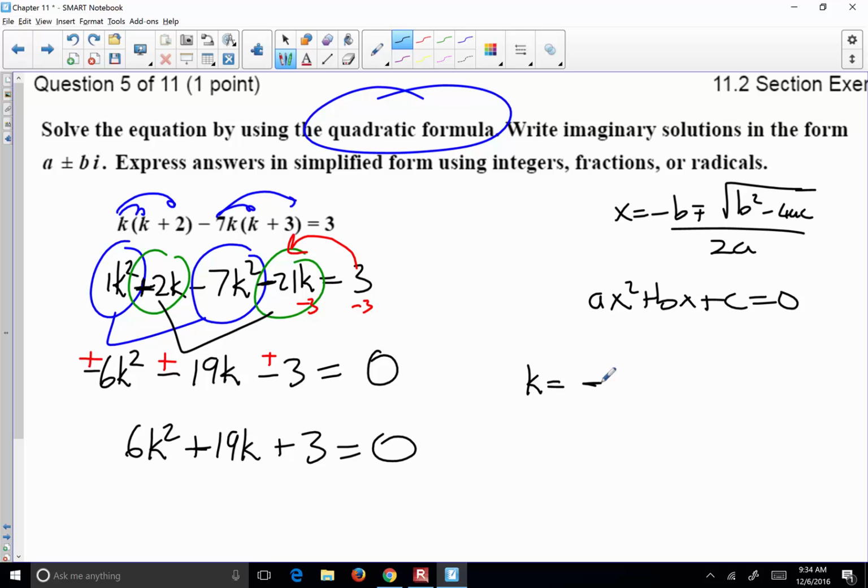B is 19, plus minus 19 squared minus 4ac over 2a.